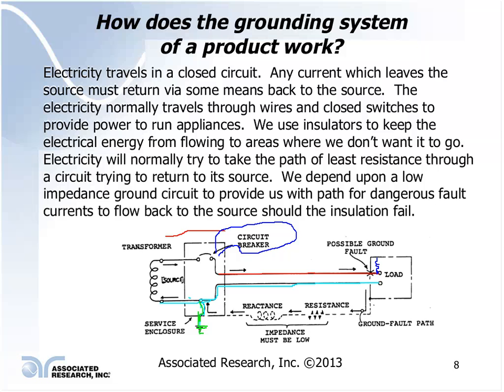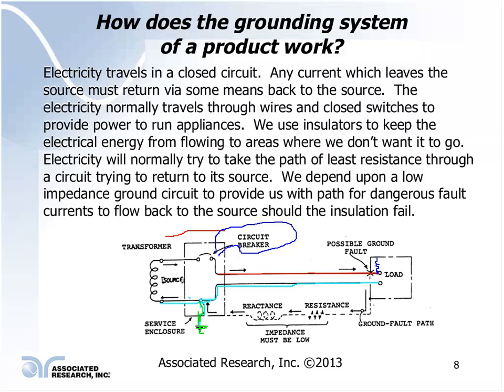It can cause your heart to go into fibrillation, can cause respiratory failure, make it difficult for you to breathe, and can cause physical burns and nerve damage, depending upon how much current actually flows through your body, the duration of that current flow, your physical condition and response. All this comes into play.